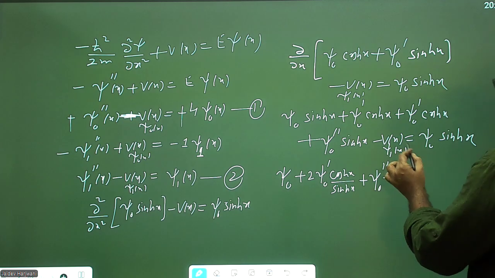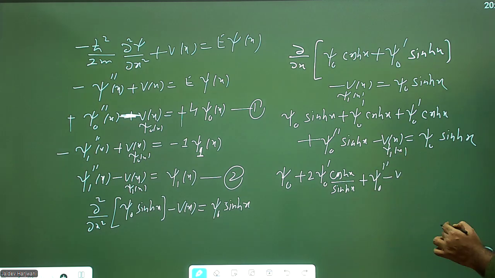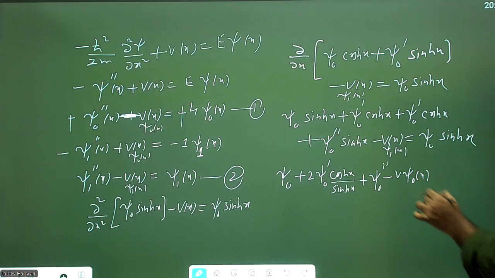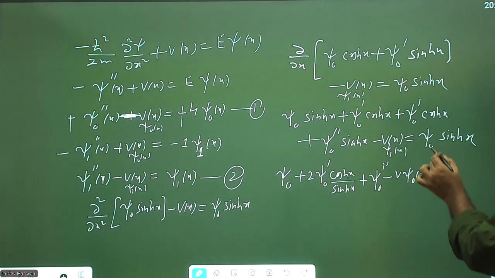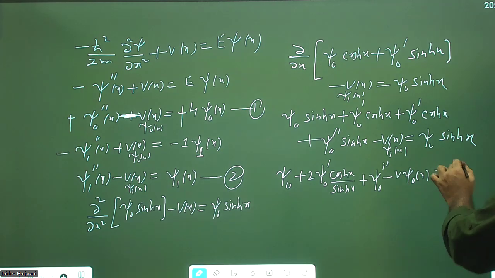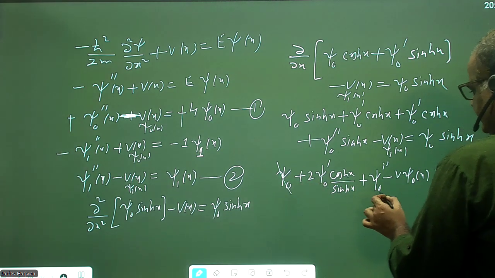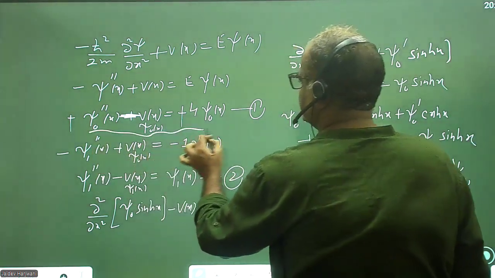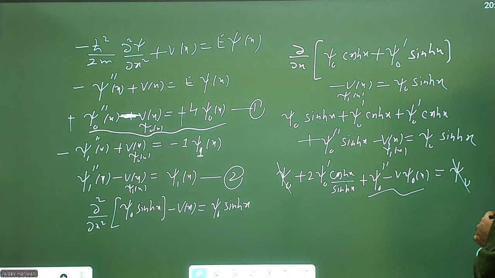When you divide by sine hyperbolic x, you have only psi naught remaining. So now this Vx psi naught cancels, and this value is plus 4 psi naught x.